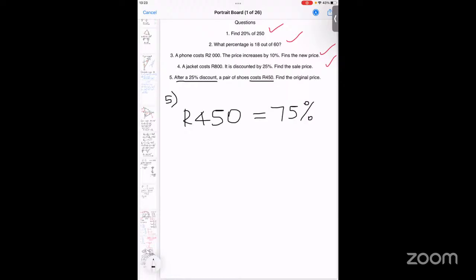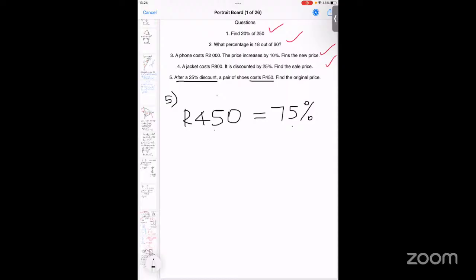75%, where does it come from? It comes from you saying 100% minus 25%. That means you have spent 75% because the 25% was a discount. The reason why you want to know these two important parts is because you want to work out 1%.